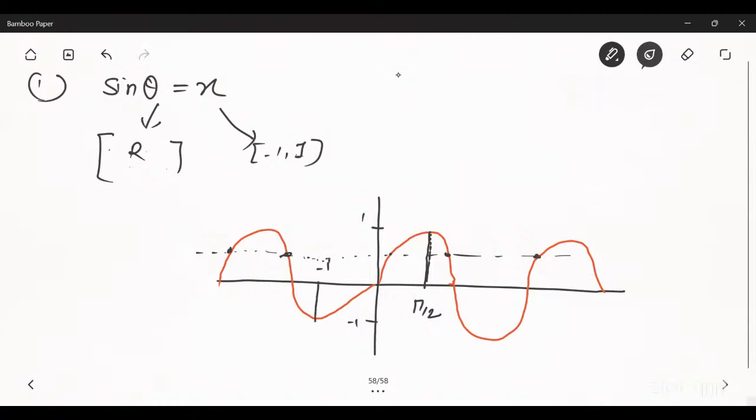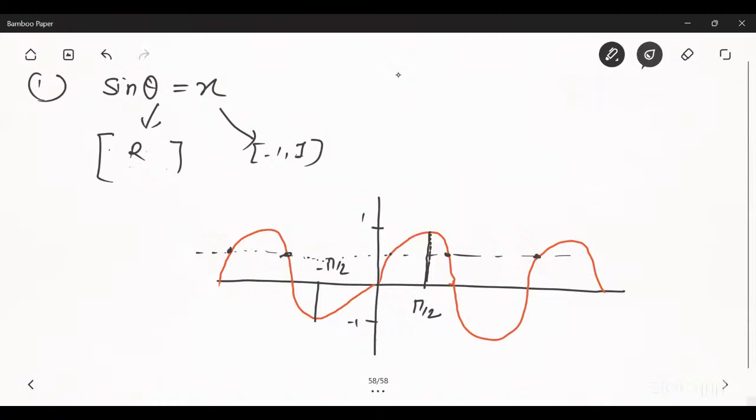This is minus pi by 2. In this graph, from minus pi by 2 to pi by 2, you can take any horizontal line and you will get only one value of sine theta. That's why in this part, minus pi by 2 to pi by 2, sine theta is one-one and onto.